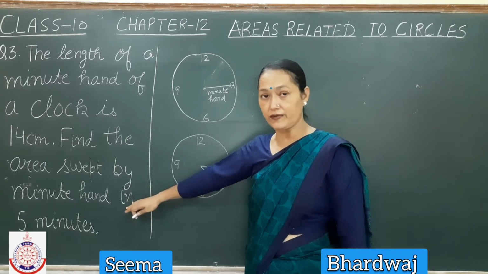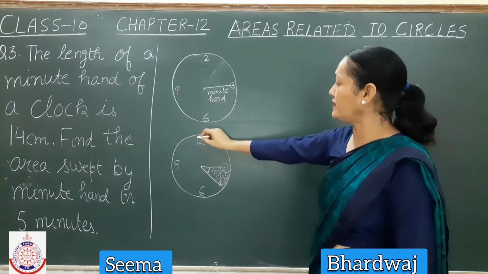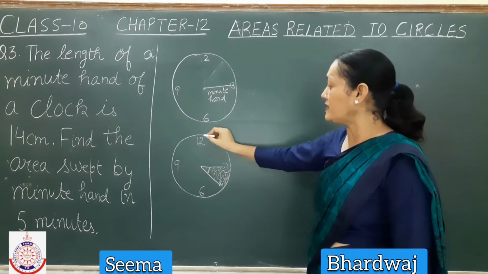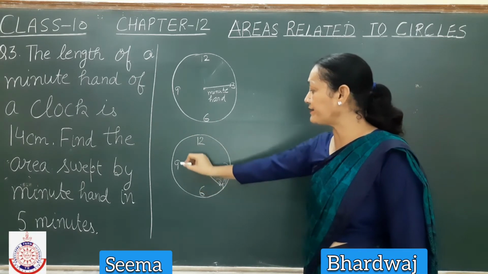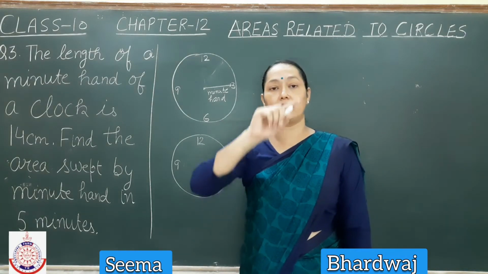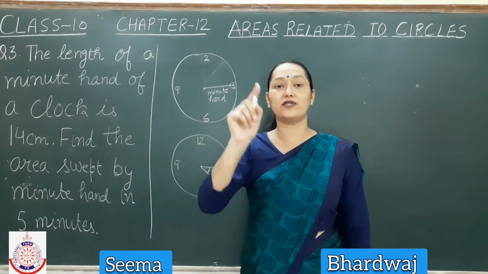Let us calculate this. When the minute hand takes a complete round, that means 60 minutes are covered. And in these 60 minutes, what angle is made? The complete angle, that is 360 degree.